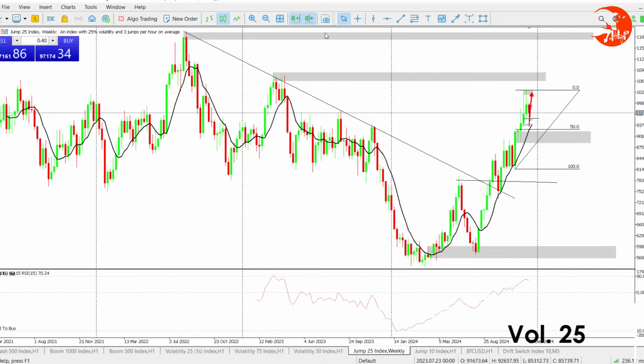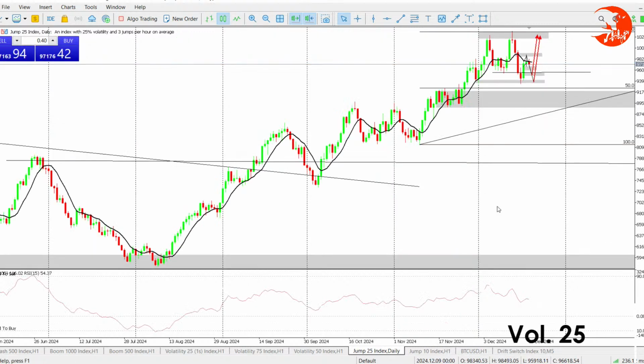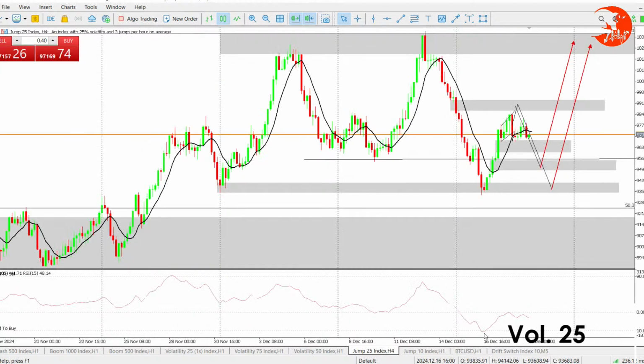And so daily still has that gap to fill up, all this gap right there. And then according to H4, it's obvious we are oversold, so we are looking for this move to bring us right there to overbought.